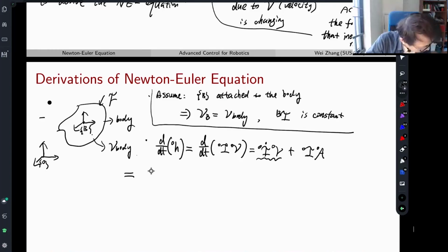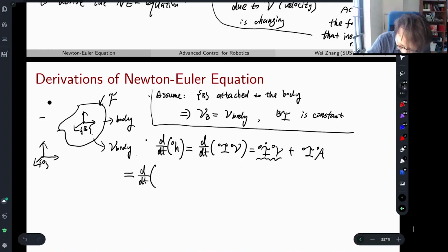So d/dt of this term will be, using the change of coordinates for the inertia matrix, B-O star I-B times X-O-B, times V of O plus I of O, A of O.